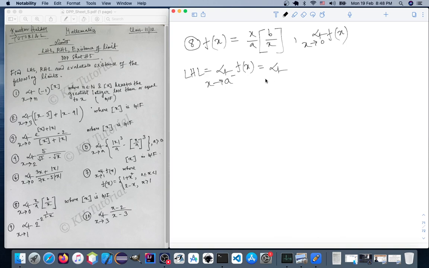This equals limit h tending to 0 f of 0 minus h. This is limit h tending to 0, we have (0 minus h) by a box b by (0 minus h).